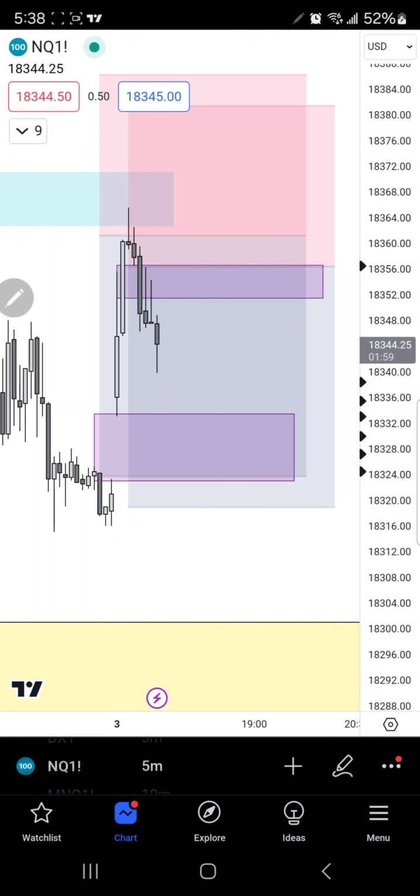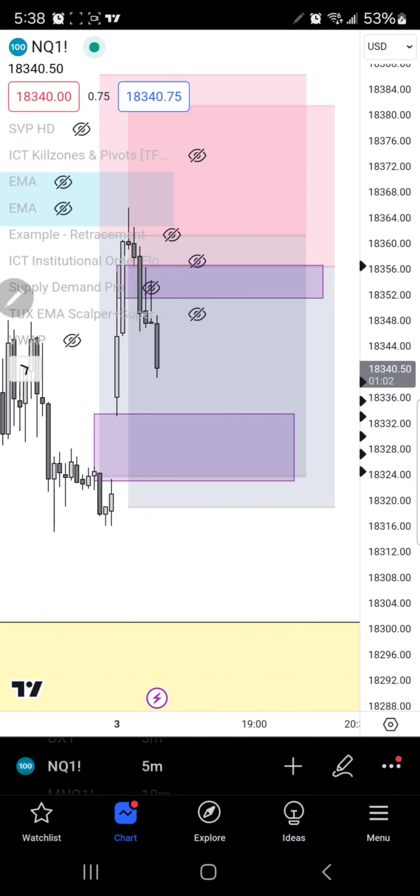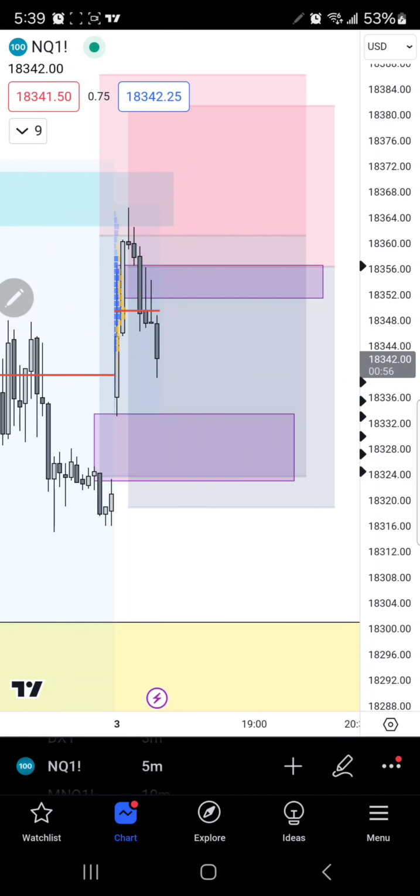So I'm expecting price to come to about 50% of that box. That will be my close. I will not wait until price fills the entire box, because my daily goal right now is about $200, and with the second entry I took, right around 2 to 4 micros, I should get there right before it gets to the bottom. So that's my goal. That's what I'm planning to do.